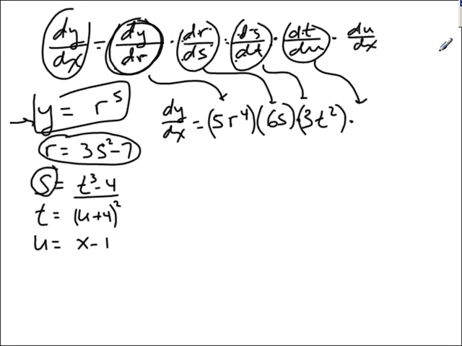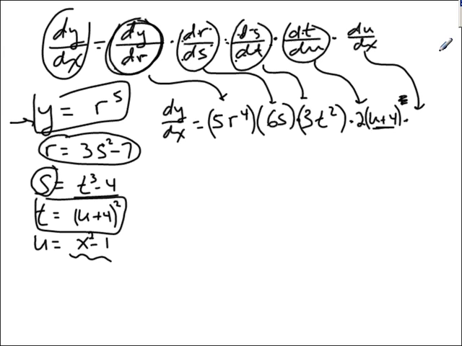T in terms of u is right here. The derivative, well, that's the power rule. Bring the power down, make the new power 1 less, times the derivative of u plus 4, which is just 1. Just like the derivative of x plus 4 is 1, the derivative of u plus 4 is 1, times du dx, which is 2x.